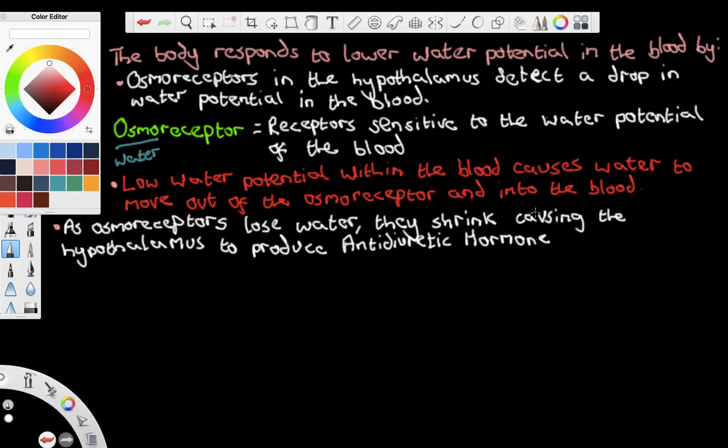Now, antidiuretic hormone is a very important hormone, so we're going to have that as a keyword. For those of you that are fans of breaking words down like I am, the word diuretic means to become dehydrated.